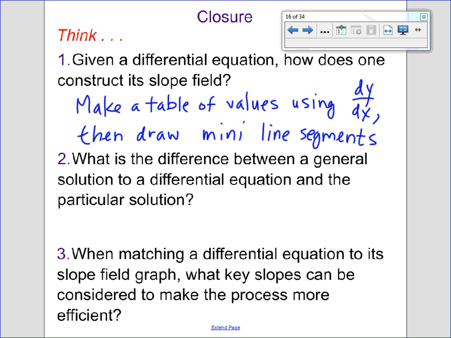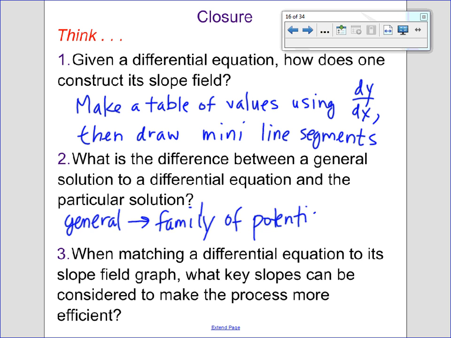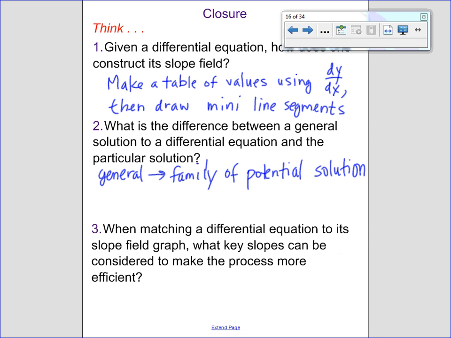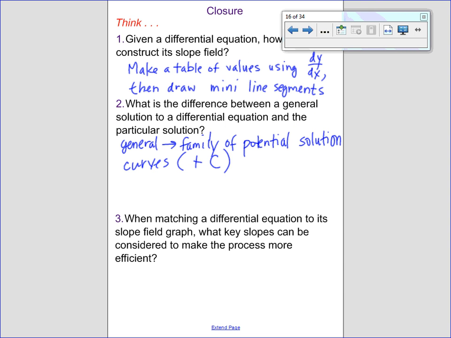So the general solution is the family of all potential solution curves, and it contains the plus c. The particular contains the given point and satisfies the given condition.